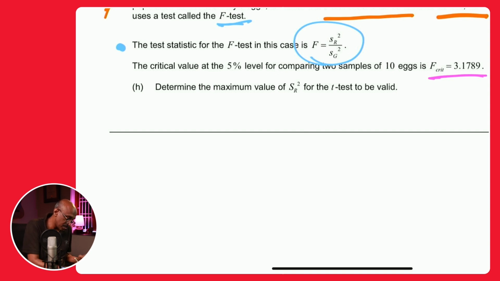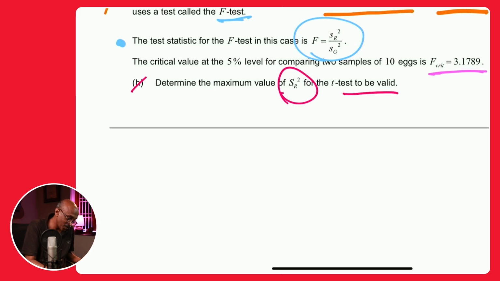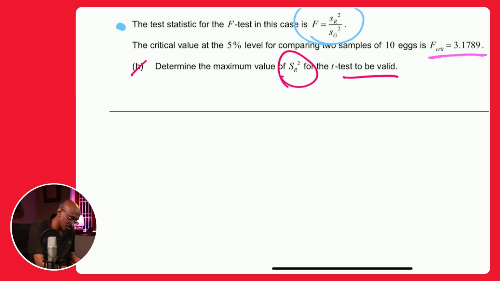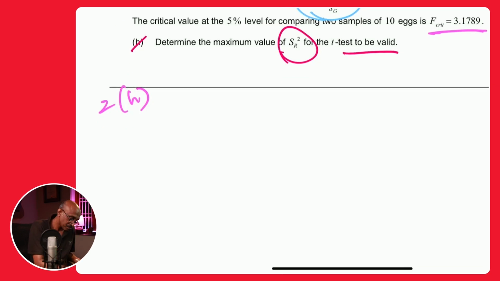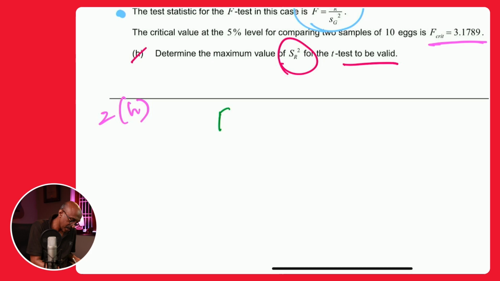So the question says, determine the maximum value of SR squared, the unbiased estimator for the variance of raised eggs, for the t-test to be valid. So what do we have? Let's just do this here, so this is 2H, otherwise I'll be scrolling up and down. The F statistic is defined as SR square over SG square.